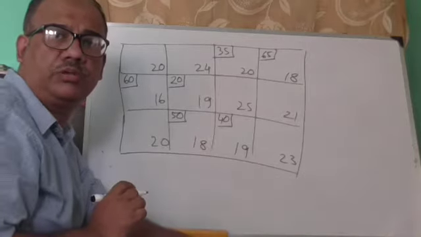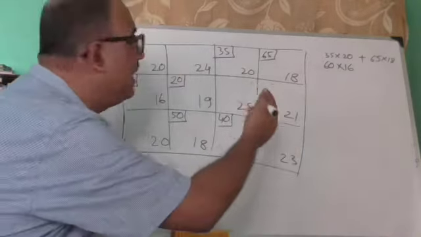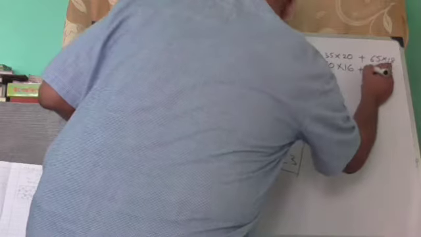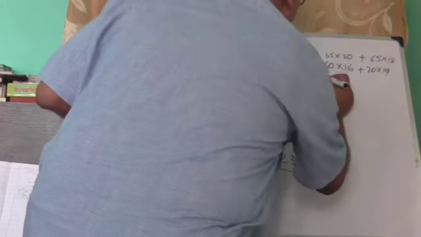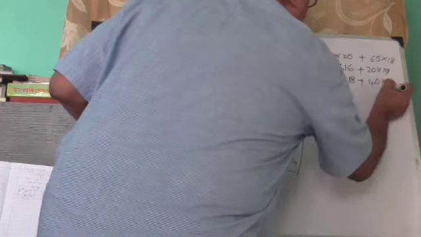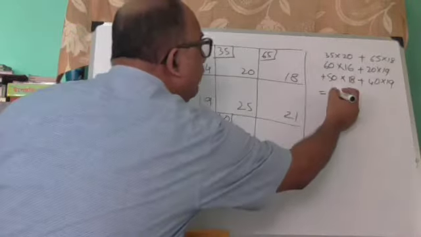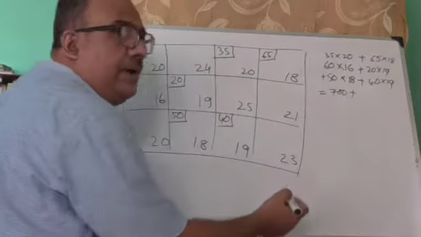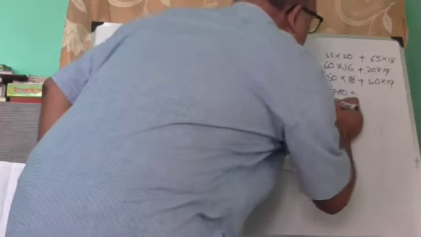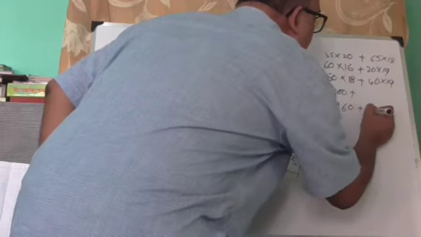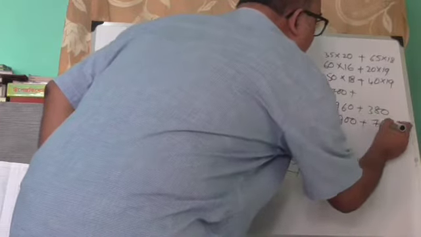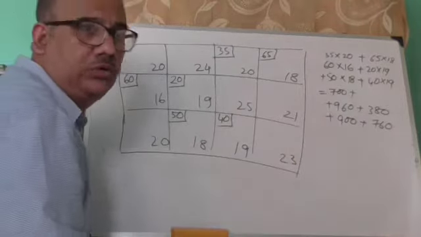The cost would be 35 into 20 plus 65 into 18 plus 16 into 16 plus 20 into 19 plus 50 into 18 plus 40 into 19. So 35 into 20 is 700, plus 65 into 18.